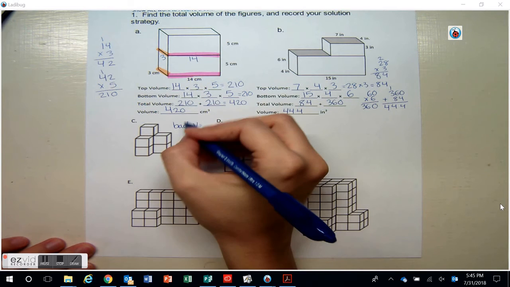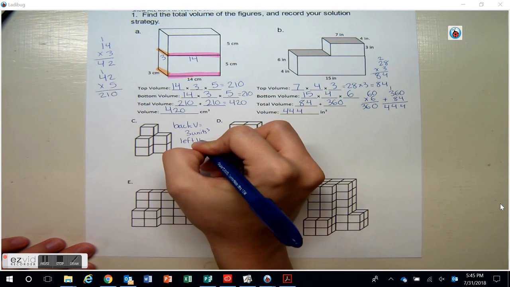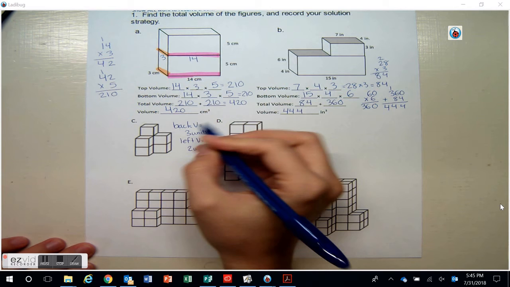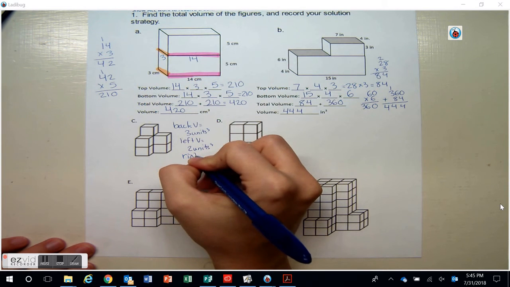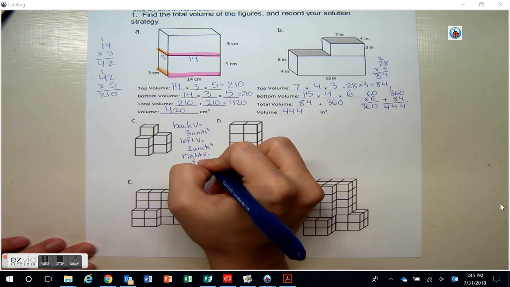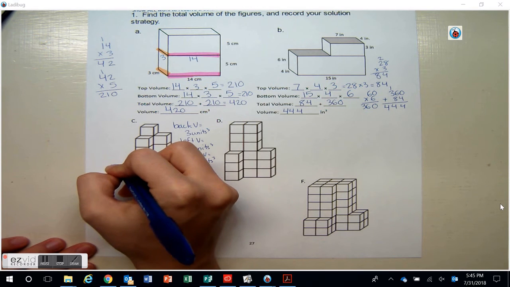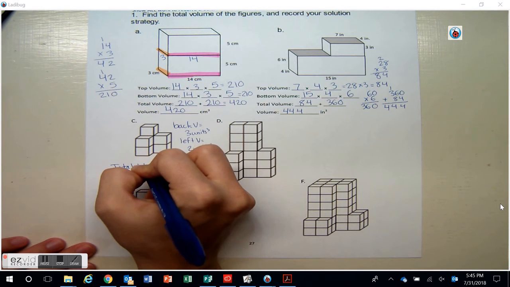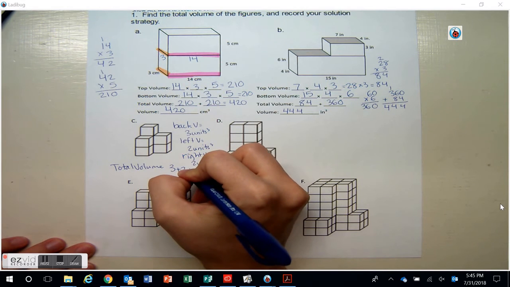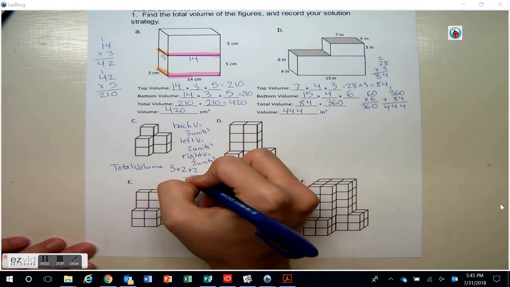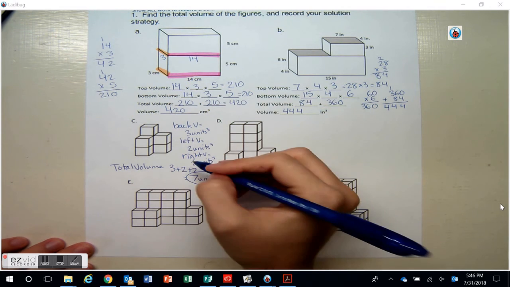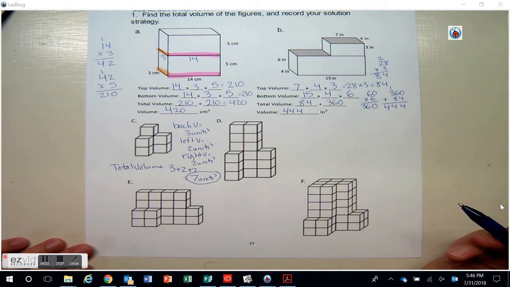The left volume is going to be 2 units cubed. And the right volume is going to be 2 units cubed. So my total volume is going to be 3 plus 2 plus 2, which gives me 7 units cubed. That's my answer there, my volume for letter C.